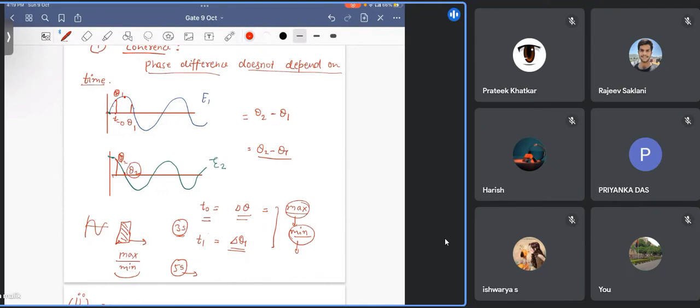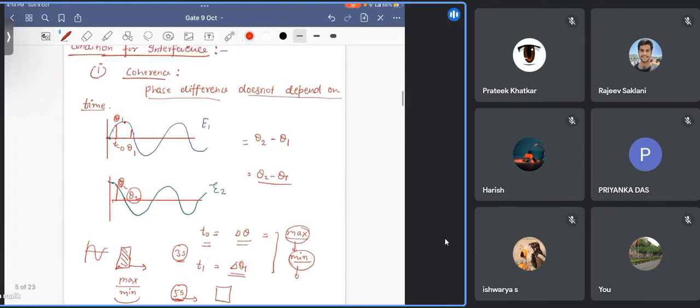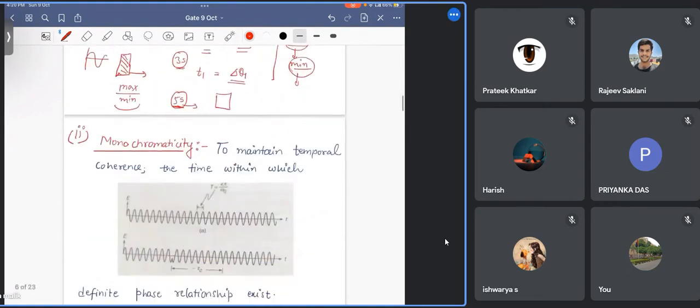So basically you see an average of these intensities, and therefore you will not see any interference pattern. Sometimes it will come maximum, sometimes minimum, and your camera will integrate everything. So the phase difference should not change as a function of time. This leads to coherence in waves, and only then can you see an interference pattern.